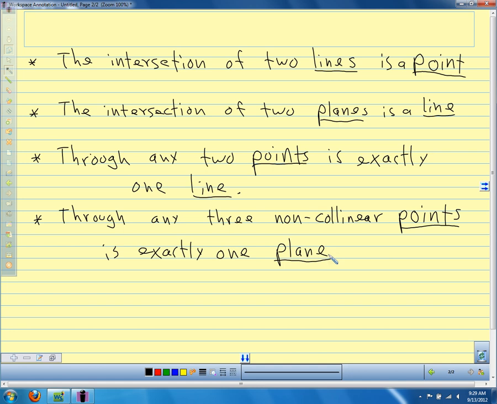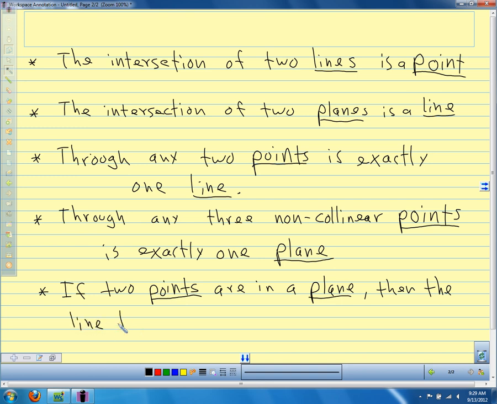We have one last postulate. If 2 points are in a plane, and I'm just emphasizing our undefined terms, if 2 points are in a plane, then the line through them, where do you think that line is?